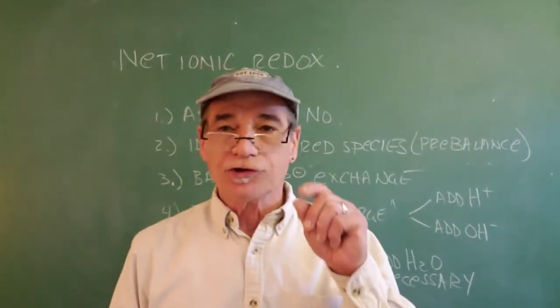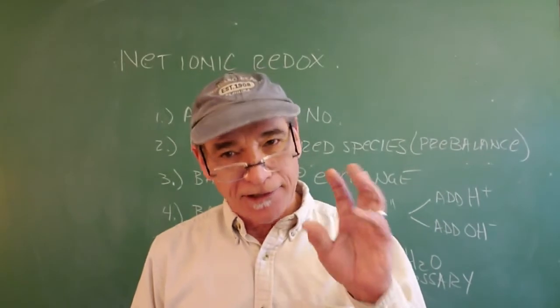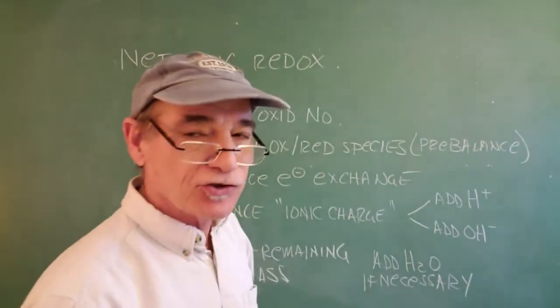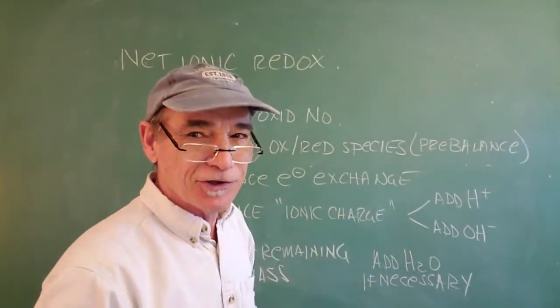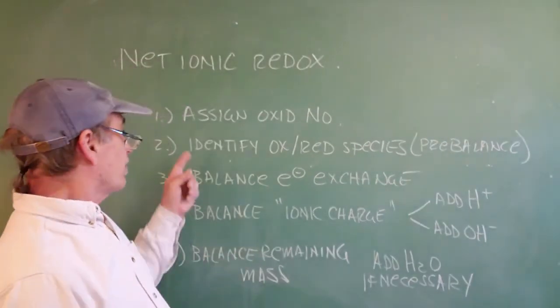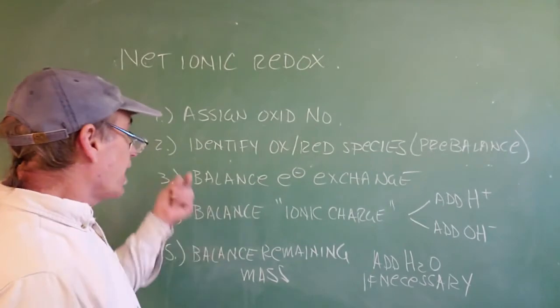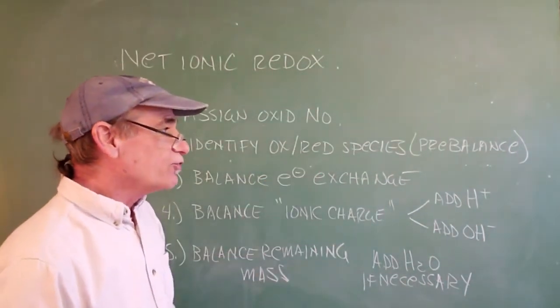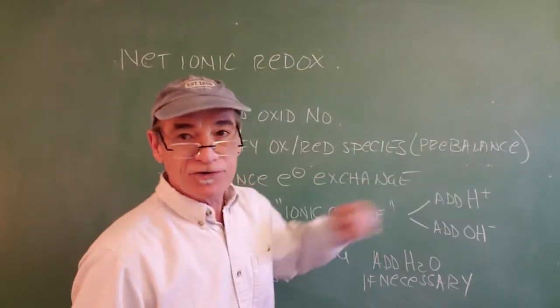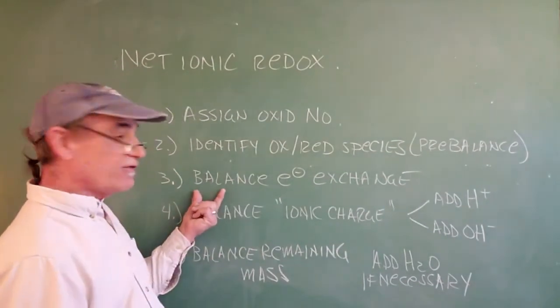Okay, before we actually do a net ionic redox reaction, the rules are subtly different, but the first couple are the same. The first thing to do is assign oxidation numbers to everything involved and identify the oxidized and reduced species and pre-balance them if necessary. Well, the next thing is exactly the same.